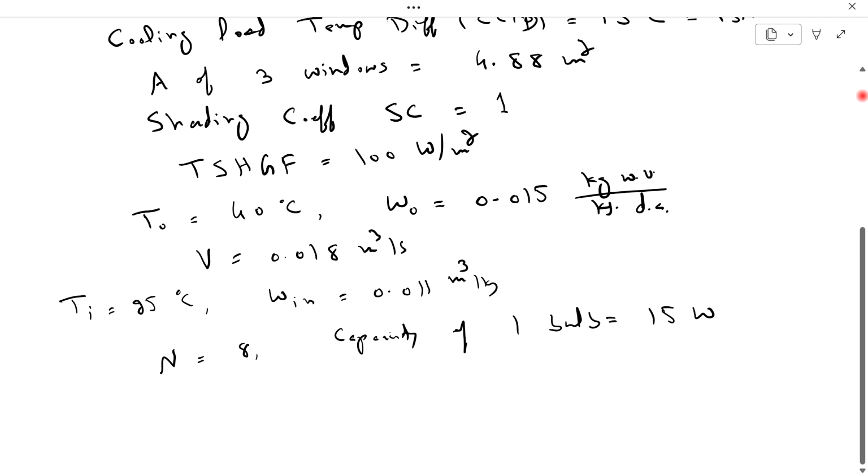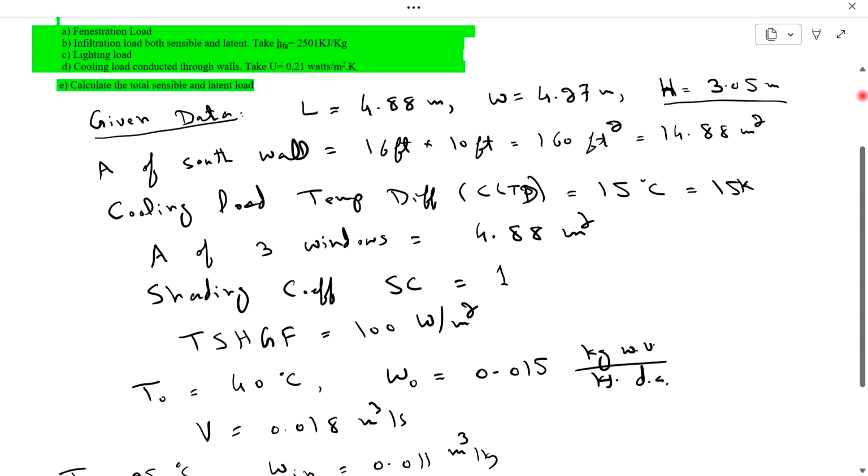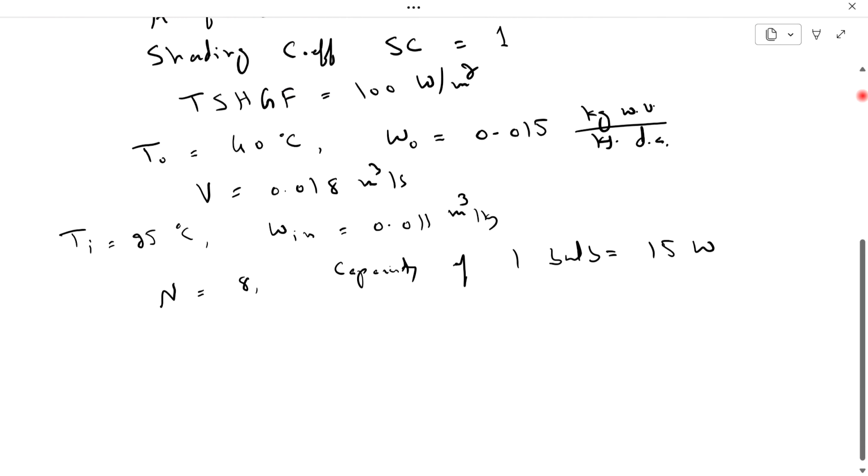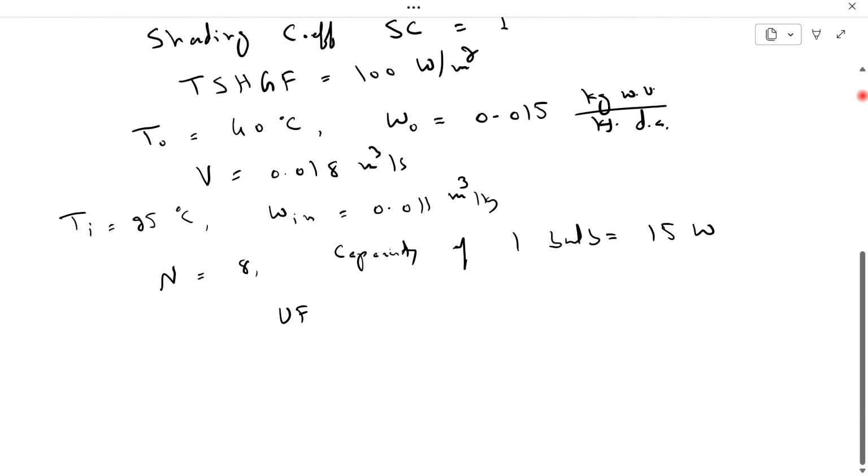It means that total watt is 15 multiplied by 8, which is equal to 120 watt. Usage factor, ballast factor, and cooling load factor are all equal to 1. This is a supposition.